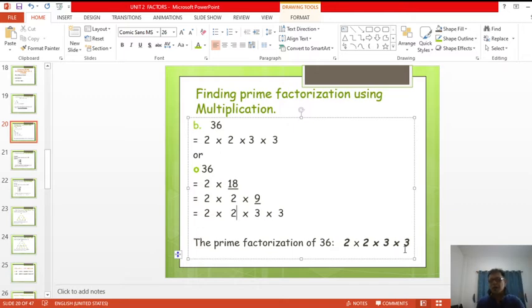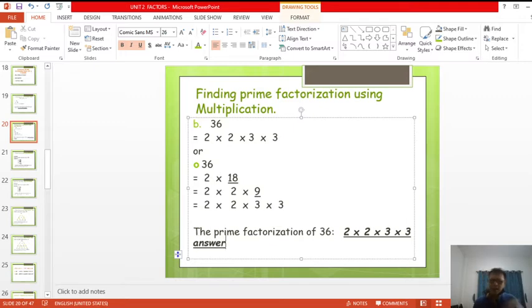So that is your answer. Let me highlight this one, underline it, and write the word answer.